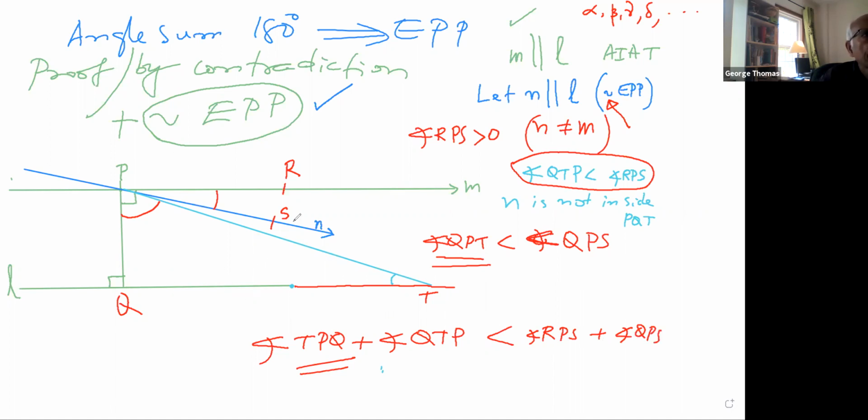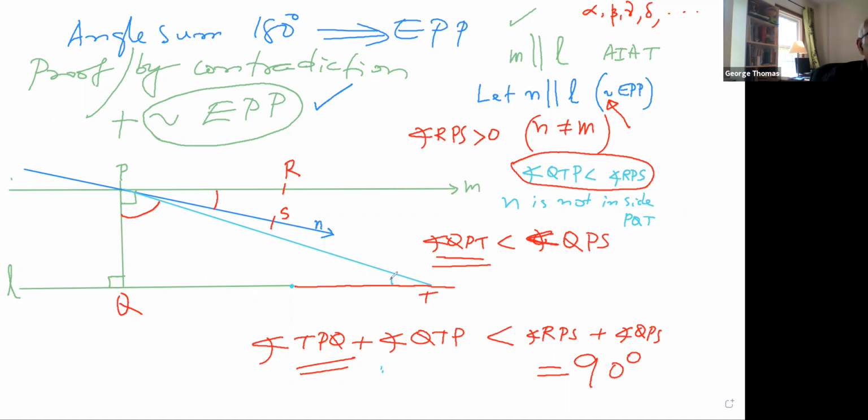What is RPS plus QPS equal to? RPS plus QPS is 90 degrees.